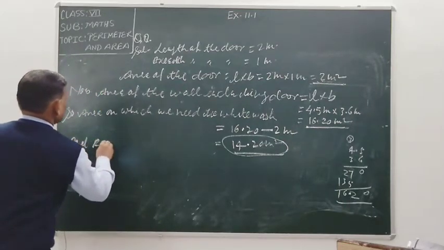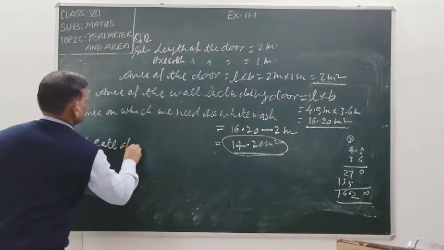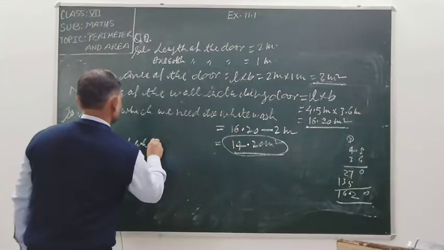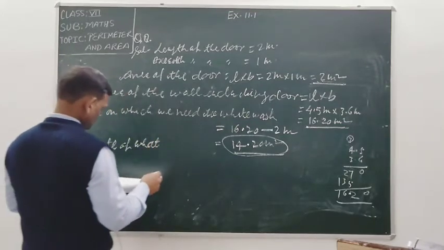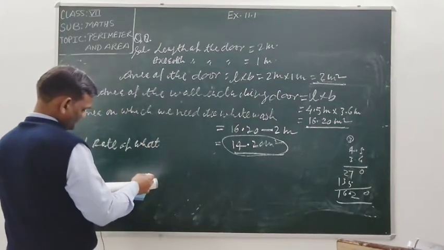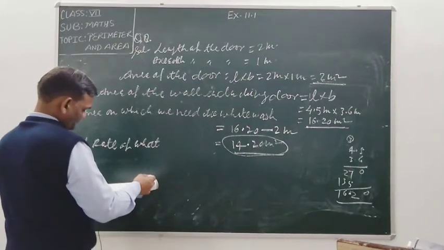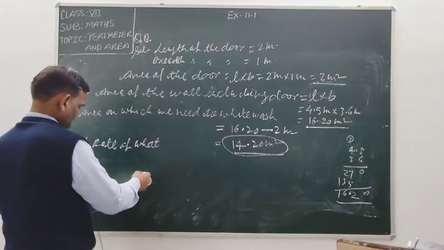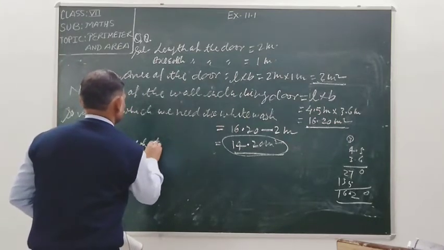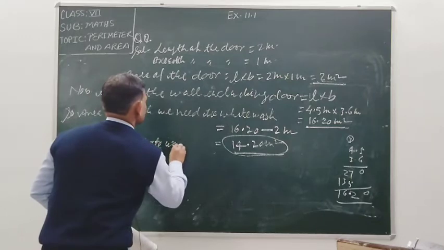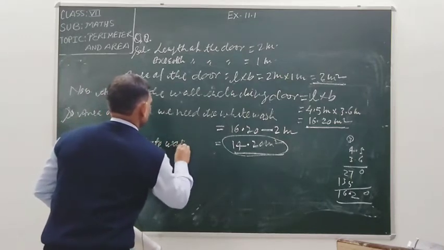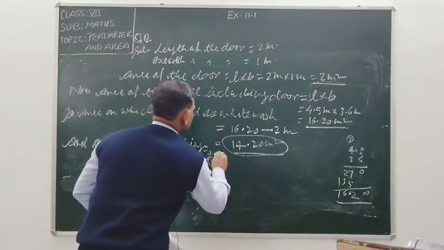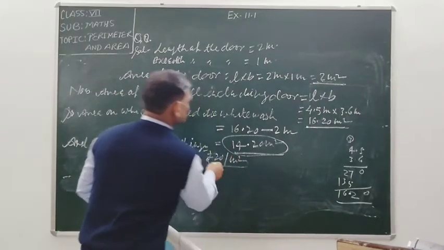The rate of whitewashing is equal to rupees 20 per meter square. It is given.